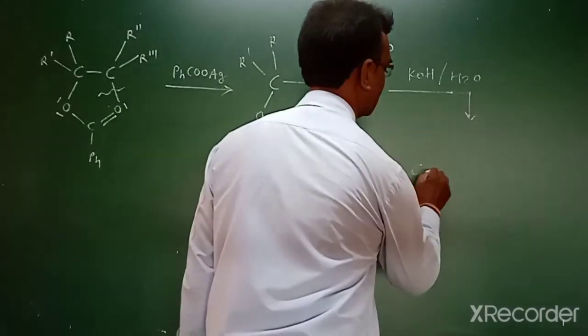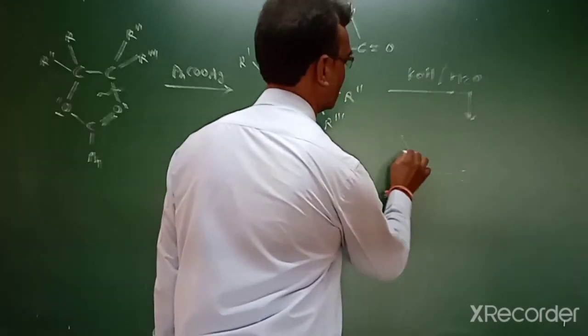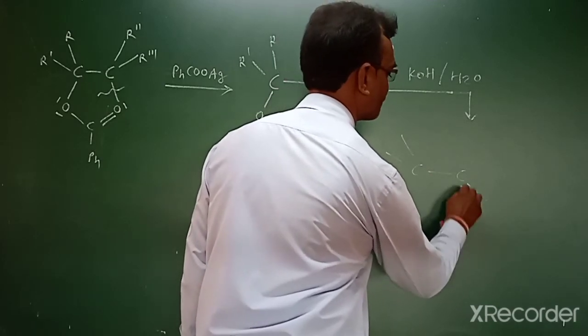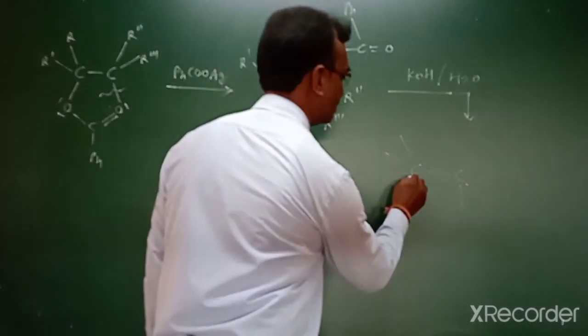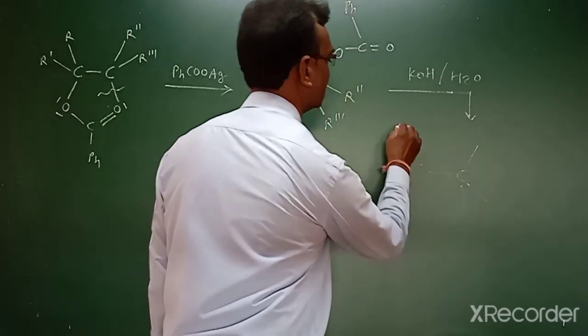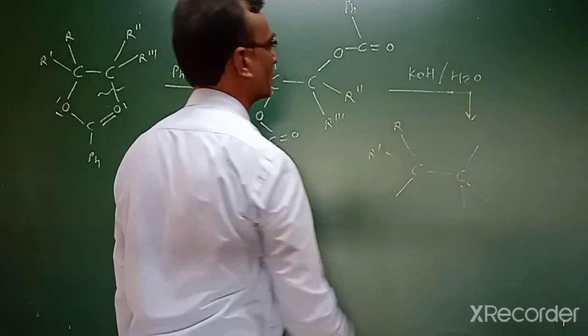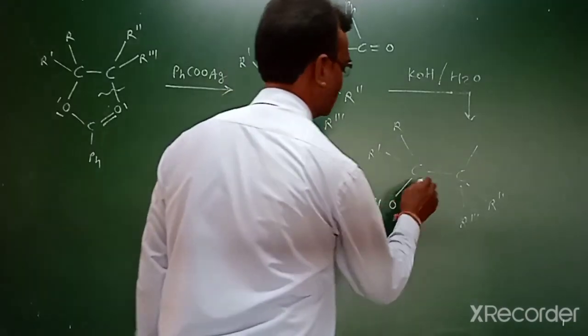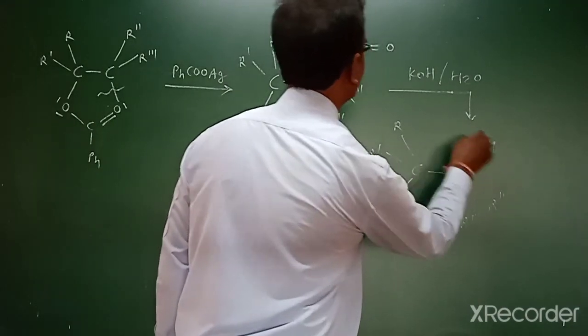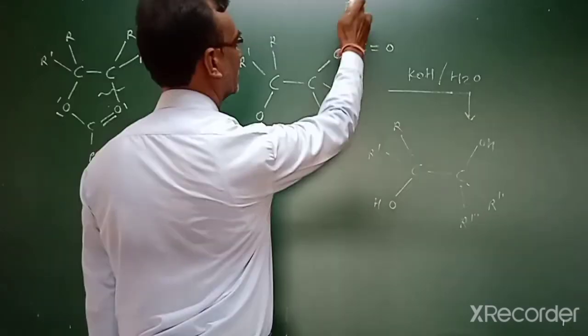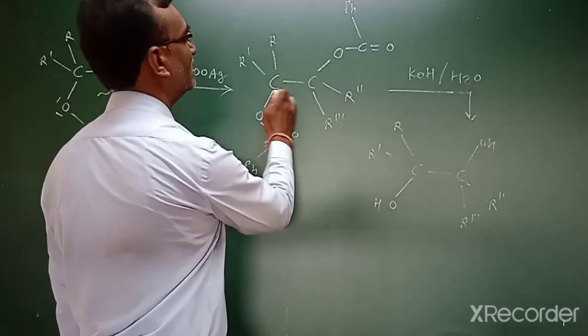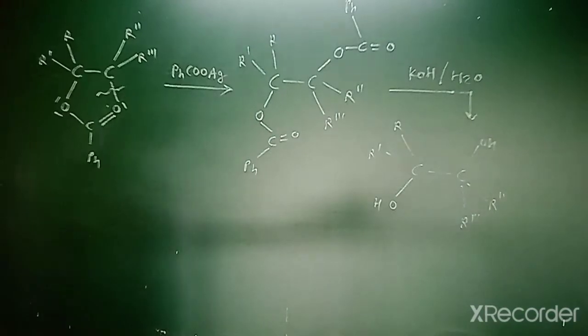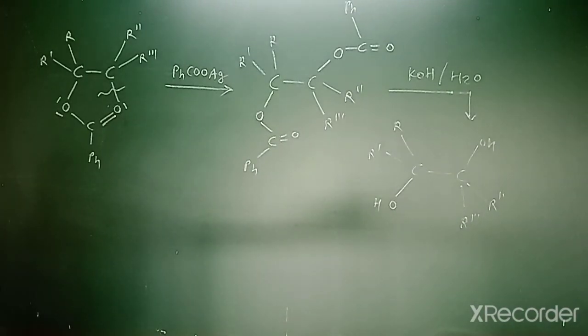In this case, both of these COOPh groups are now replaced by OH groups like this. In such a way, both of these COOPh or PhCOO groups from both these carbons are replaced by OH by the process of hydrolysis.